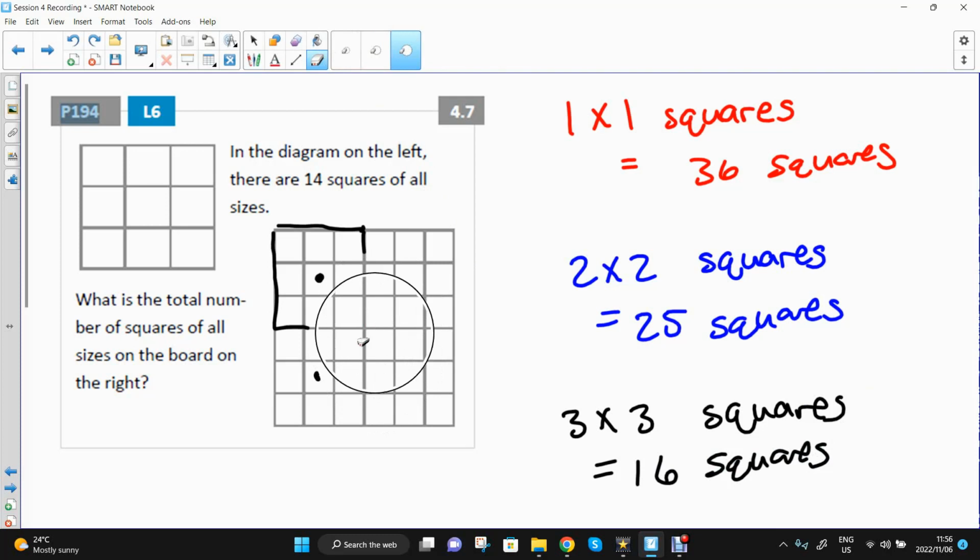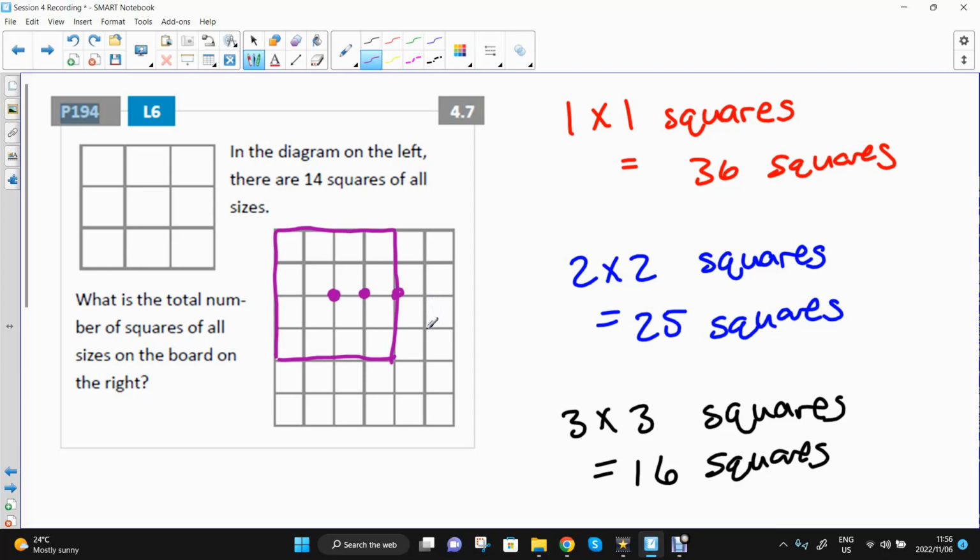Okay. Now we are moving to the 4 by 4 squares. So let's draw out one of them. So that's 4 squares. That's 4 squares. Let's check out where the middle will be of one of these. And that's going to be right there. Okay, so we'll have one there. We'll have one possible one there, yes.